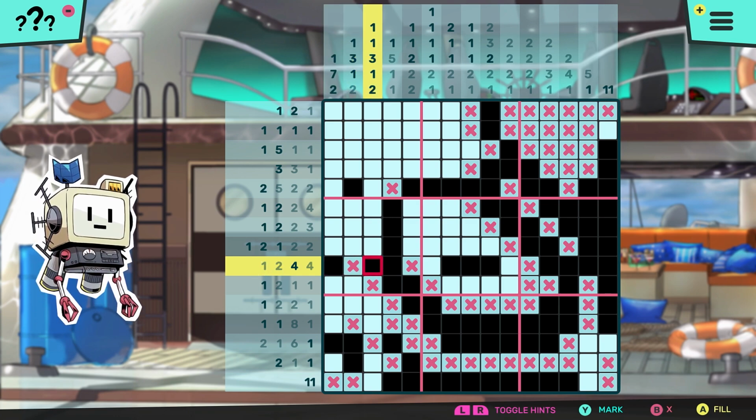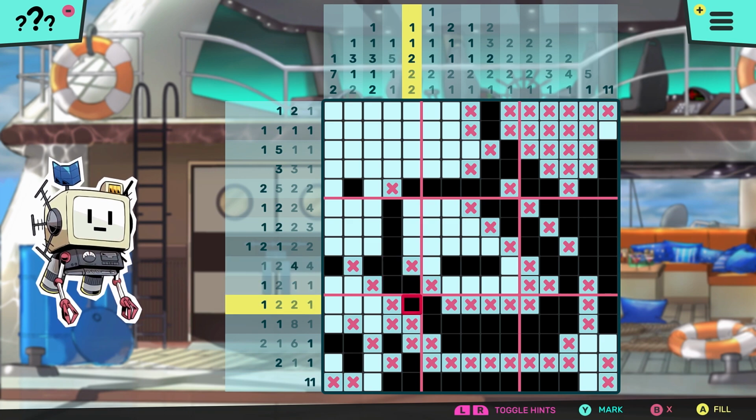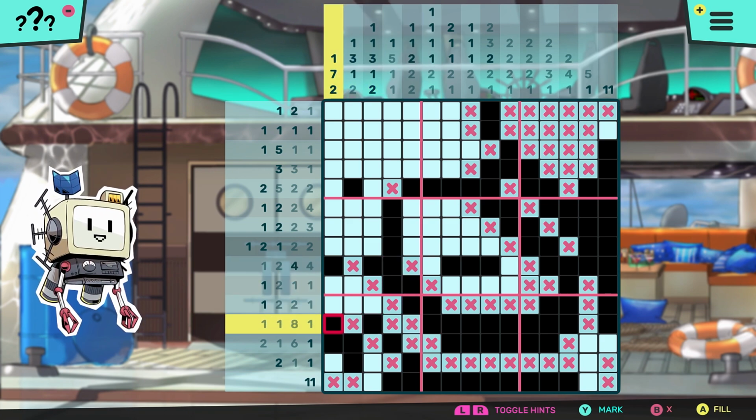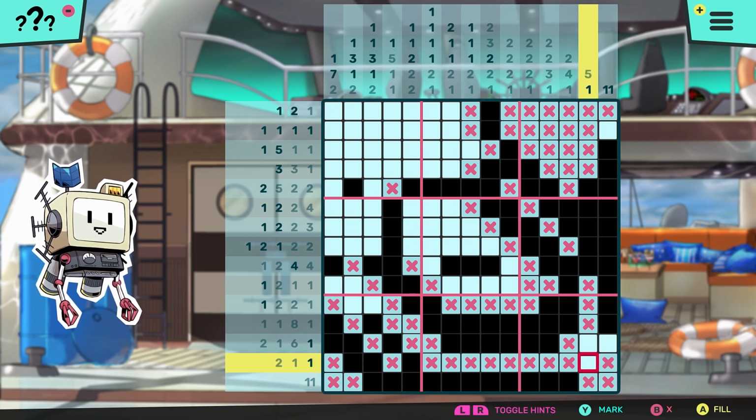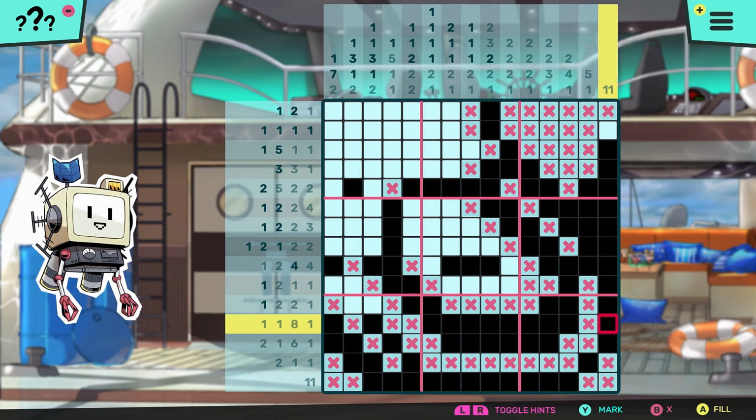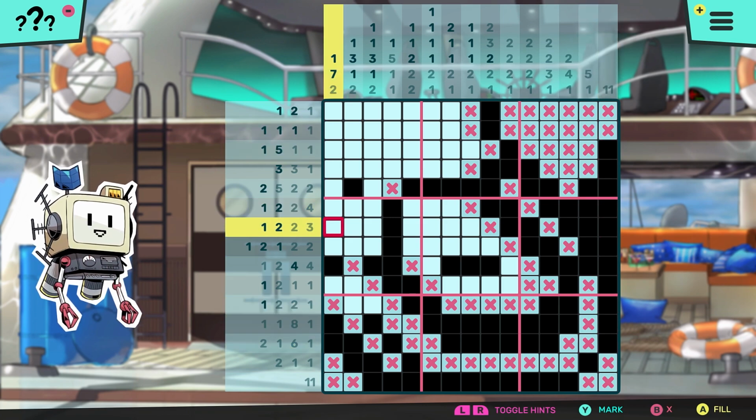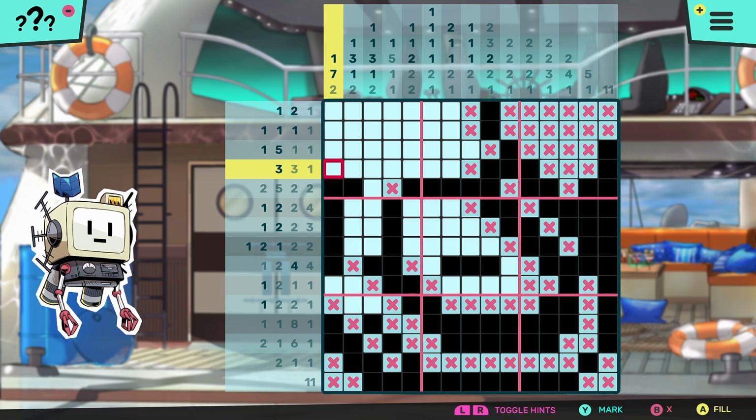Cascading, because it's gotta be connected. Staircasing. There we go.